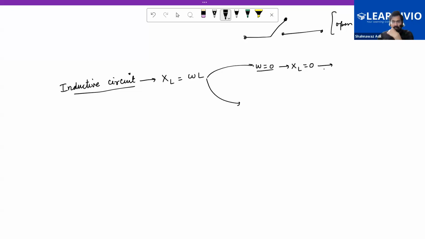Yes, this is DC current, right? Yeah, XL is 0, meaning no resistance. No resistance meaning that this is short circuit.